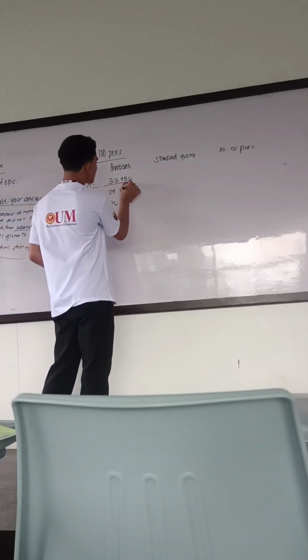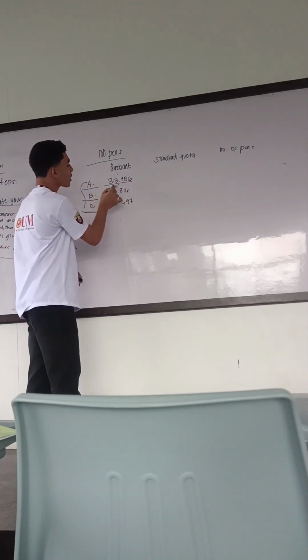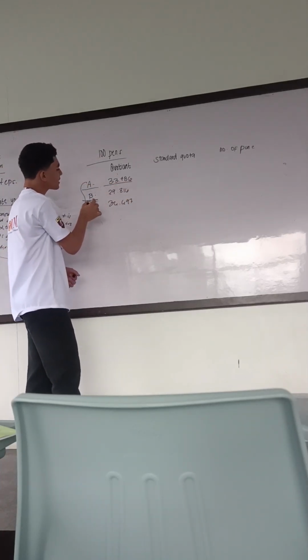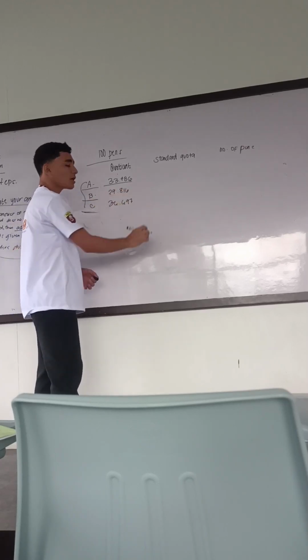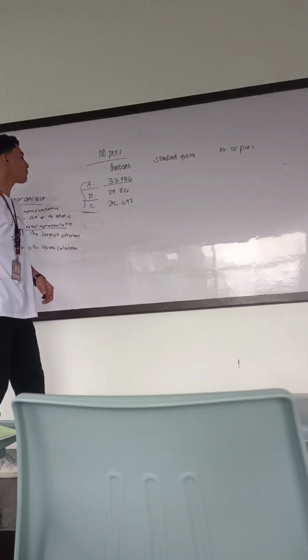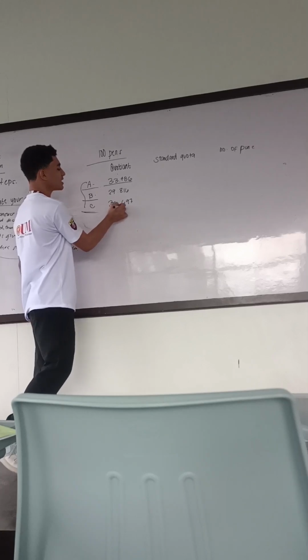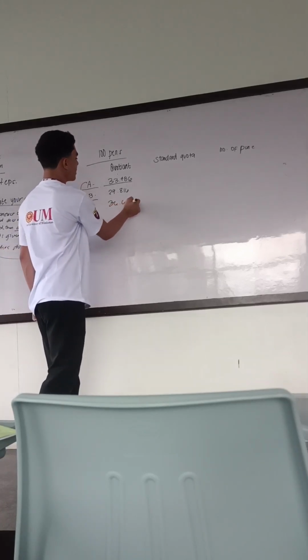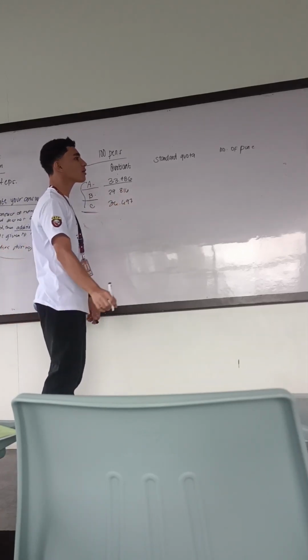We get 33.486 for state A, 29.816 for state B, and for state C we get 36.67.